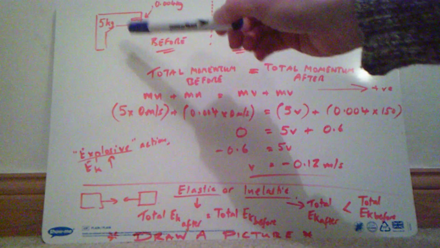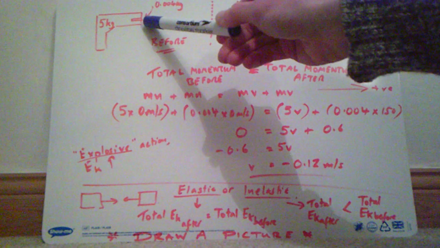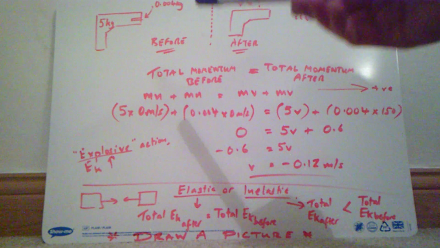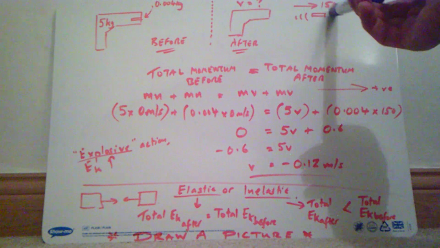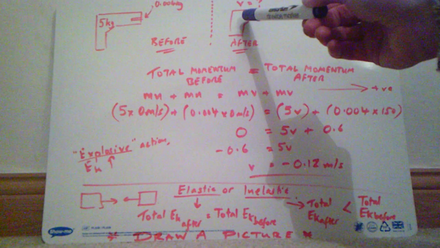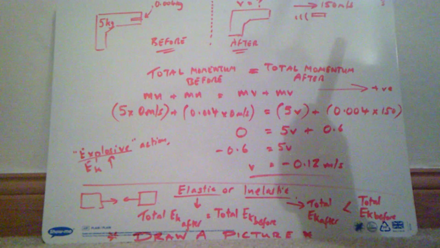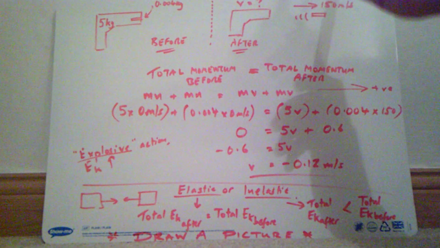So the situation before, you've got a 5 kilogram gun and a 0.004 kilogram bullet inside, and they're both at rest. After the gun is fired, the bullet gets flung out at a speed of 150 meters per second, and we want to know the speed of the recoil. If you've ever shot a gun, you know that there's recoil and the gun kicks back in your hand, and we want to find out the recoil speed.